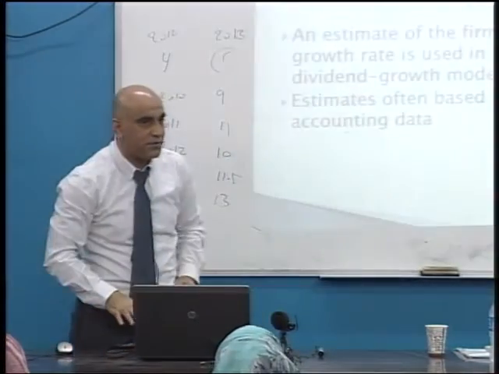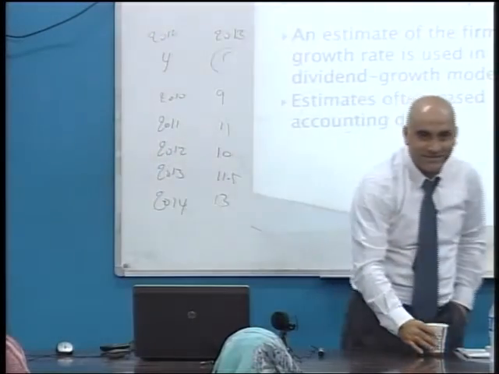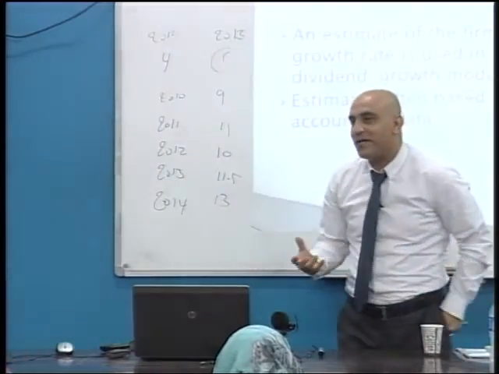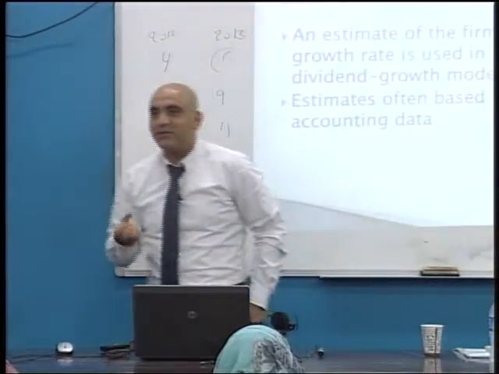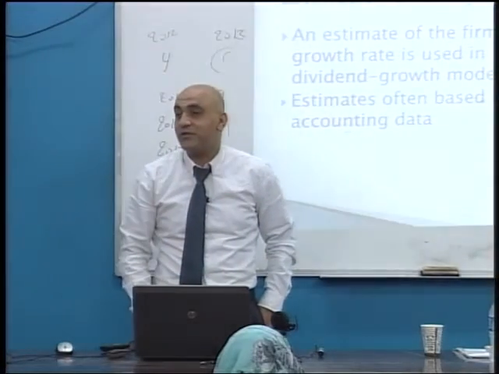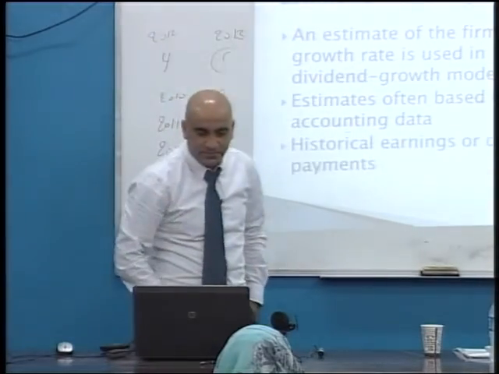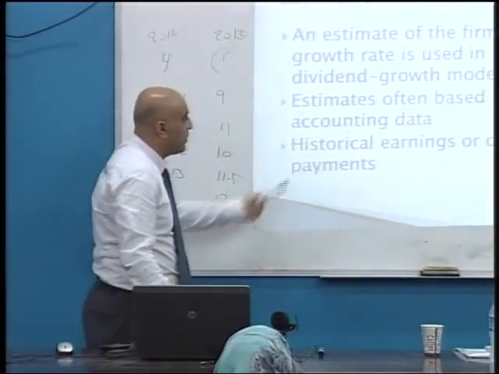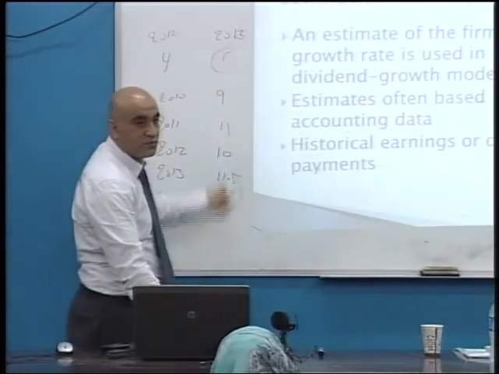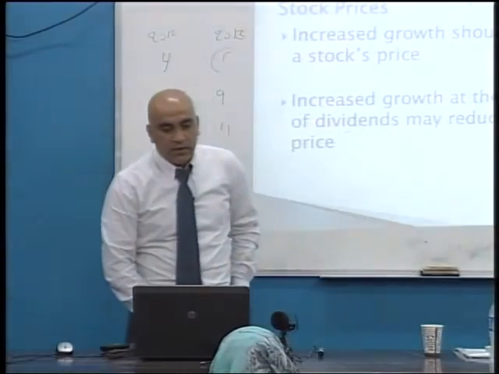The bad news is you need to understand this. I'm not asking you to do the calculations, because they relate to financial management and statistics. You can go to the historical earnings or dividend payments, the same, just go to the historical data and apply the growth.